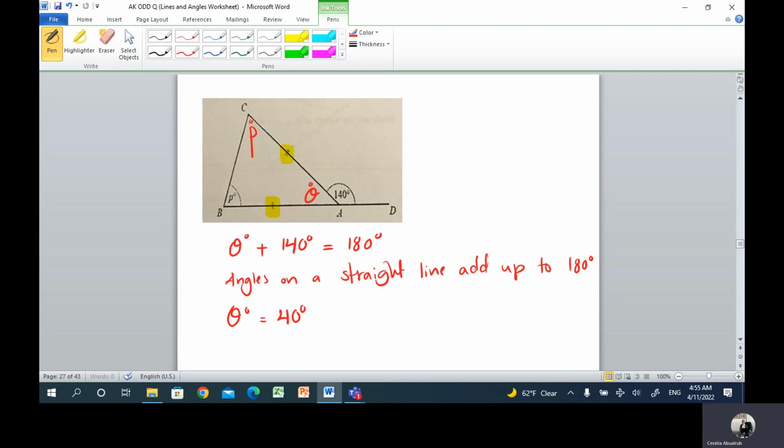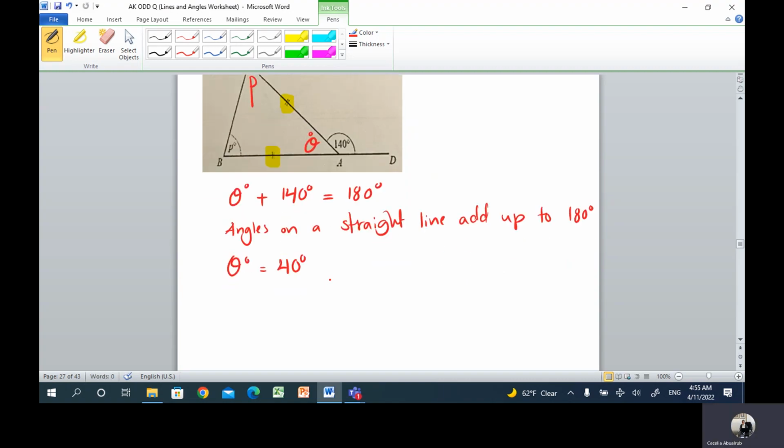Okay, so what are we going to do in this case? P is my unknown now. So I will say P, and as you can see that this angle P and this angle P and theta are angles in a triangle. So if I say P plus P plus theta, it's equal to 180 degrees.